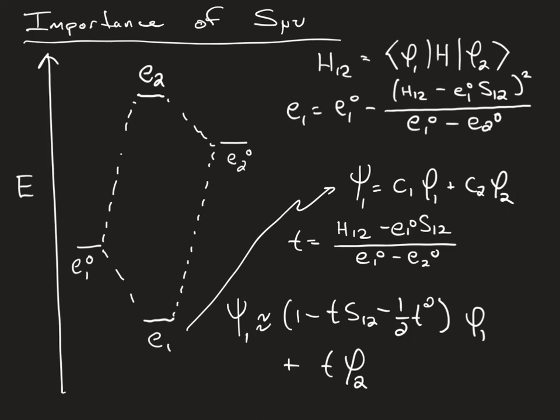So this overlap integral is also playing into these coefficients here. In essence, the smaller this overlap integral is, the more that this wave function here is going to play into the overall molecular orbital.